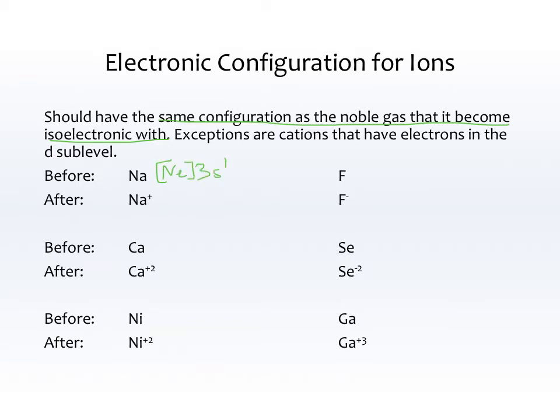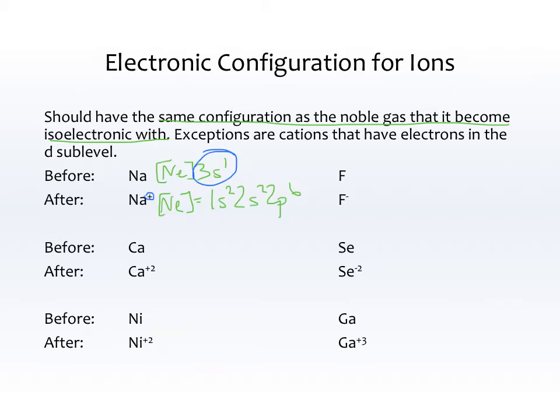So when sodium loses an electron so that it can be Na+, it's going to lose this electron. So after it's lost an electron, it becomes Ne. But you can't write Ne for Ne. So really it's 1s2, 2s2, 2p6, because that is the configuration for Ne.